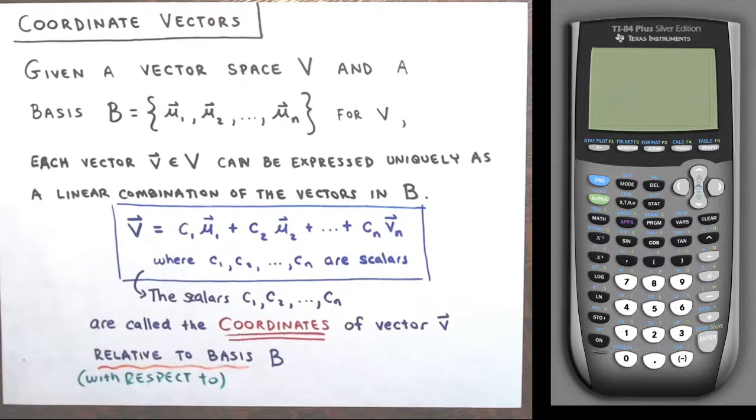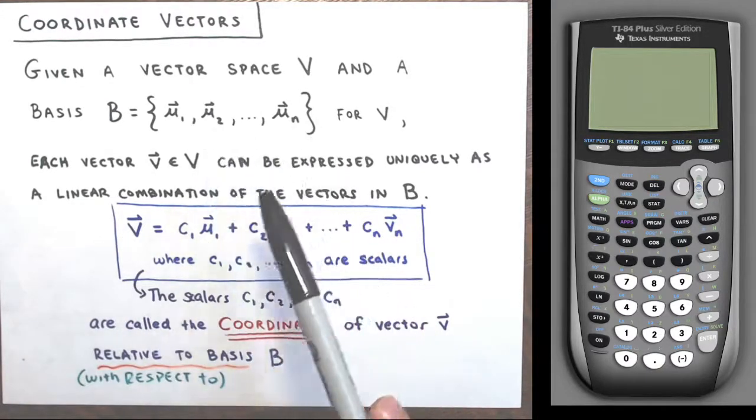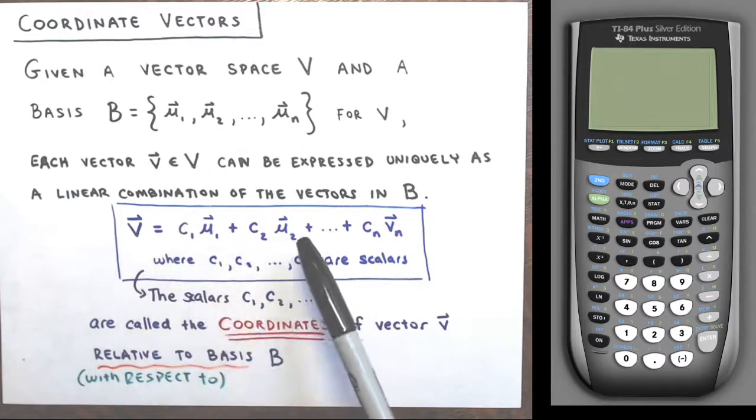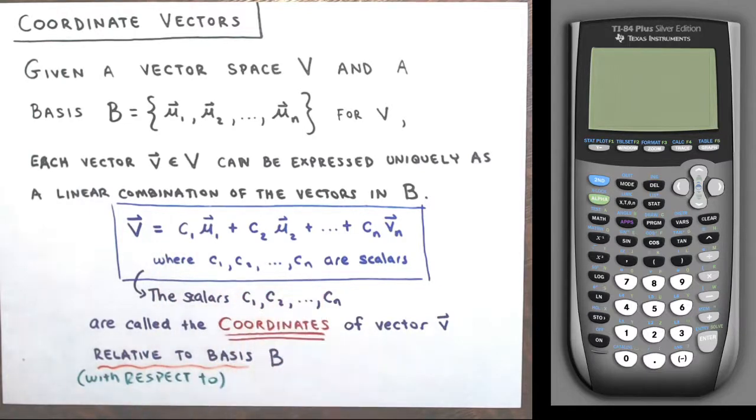So it's kind of that simple. We've actually done this in other videos before. If you're given a vector and a set of vectors and asked to write this vector as a linear combination of that set, the scalars that you find, remember these are called the weights, the c1 through cn, the weights of the linear combination, are also referred to now as the coordinates of the vector.